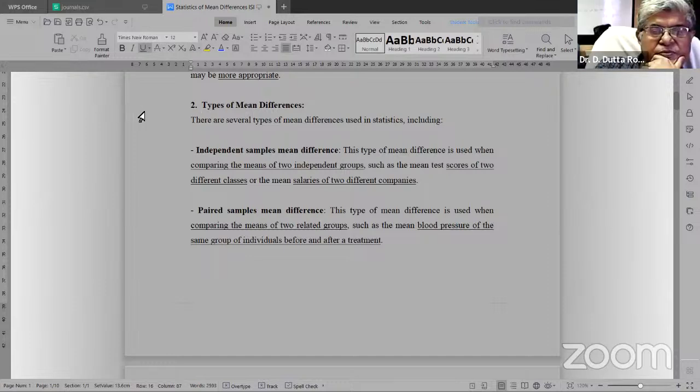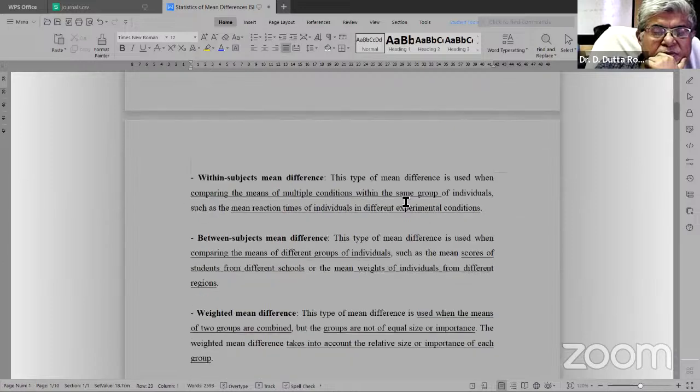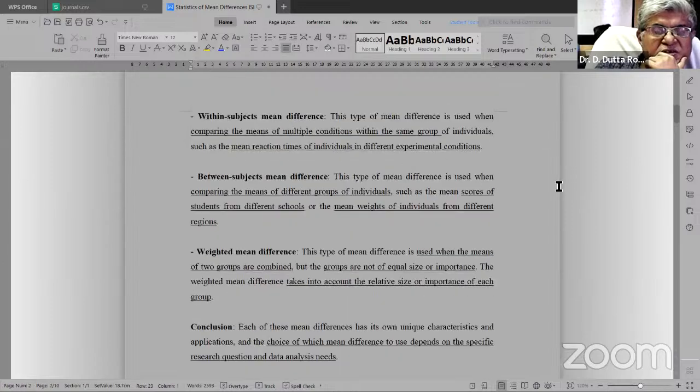Okay, now you go below. Within subject mean difference, between subject mean difference, weighted mean difference.